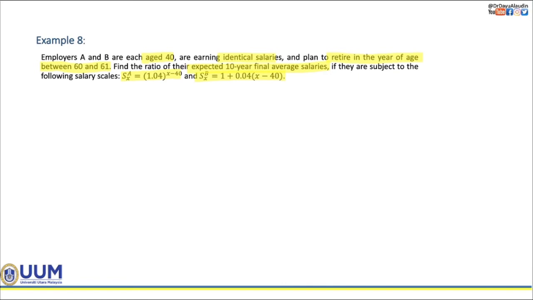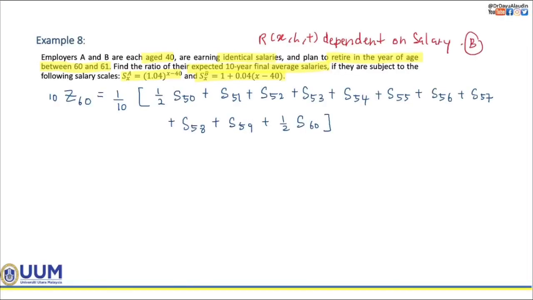Find the ratio of their expected 10-year final average salaries if they are subject to the following salary scales, for A and for B. So we have to use dependent on salary for B. So 10 is equal to M, so the last 10 years.